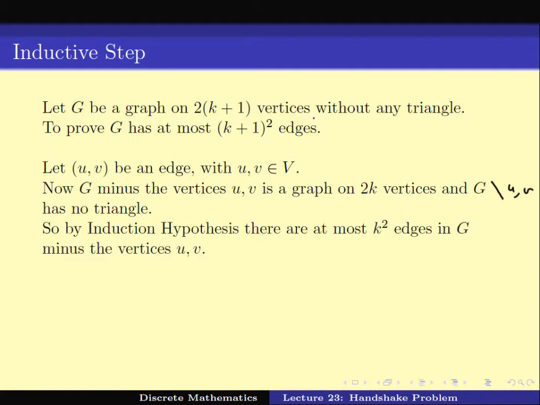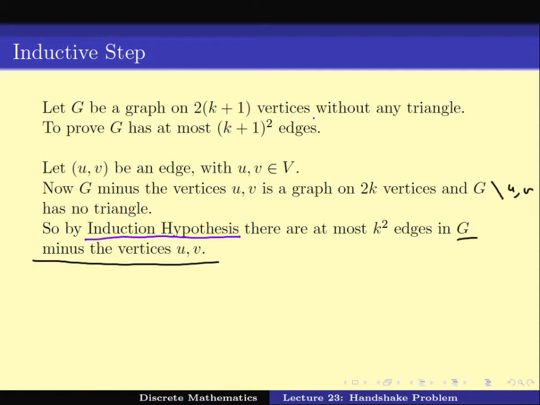So the new graph, which is G minus UV, is a graph on 2k vertices without a triangle. So by induction hypothesis, there can be at most k square edges in the graph G minus the vertices U, V. This is where we crucially use the induction hypothesis.